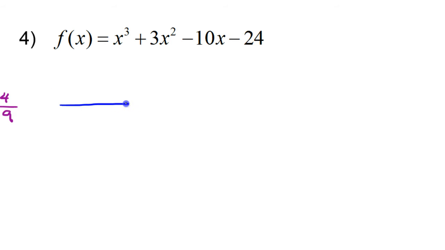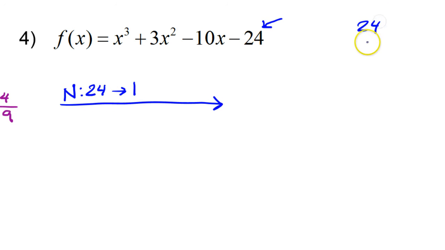So again, we're going to think in terms of numerators and denominators. The possible numerators are going to be factors of 24. All right, the factors of 24. 1 and 24 are obviously factors of 24. Other than that, sometimes it helps to make a factor tree.